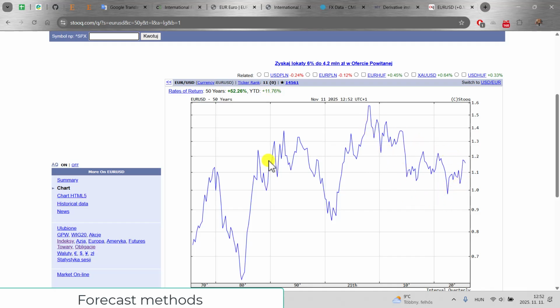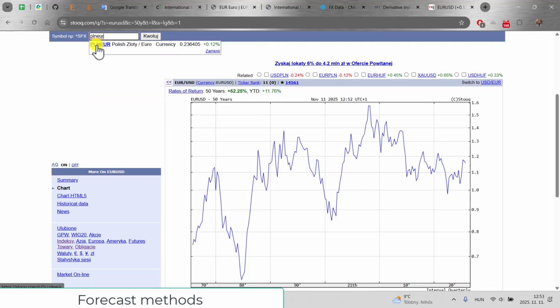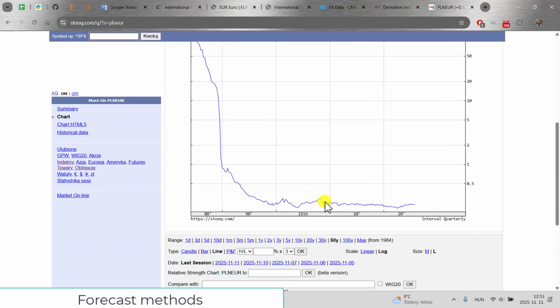now weakening, but we can see that this doesn't have any kind of a trend line, maybe on the medium run, but not on the long run. The long run is completely horizontal around this level. There are other currencies like PLN, euro, so the Polish zloty, which is also free floating.